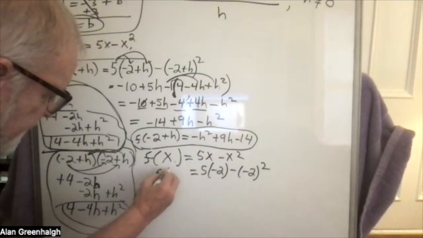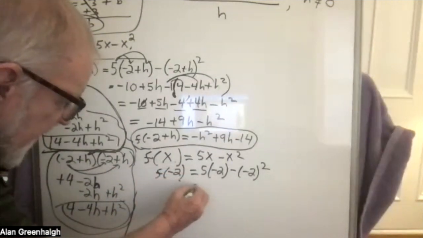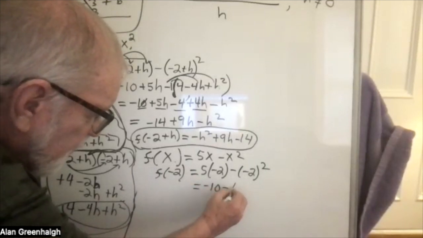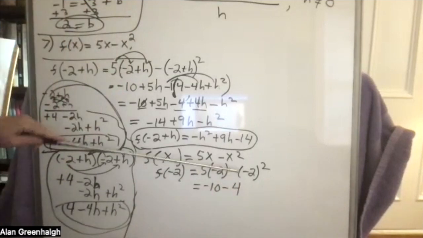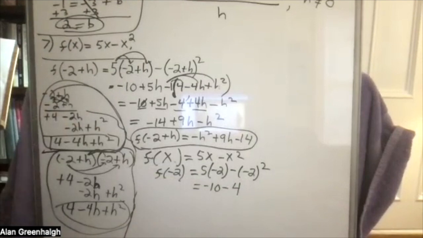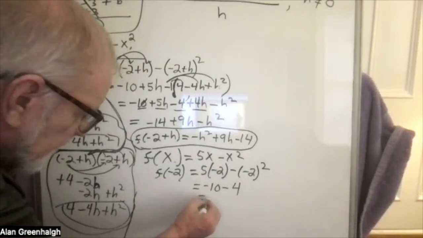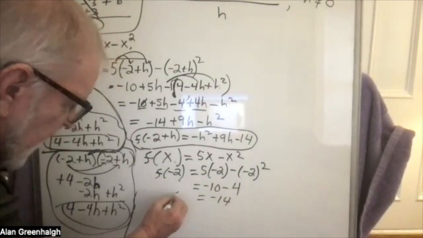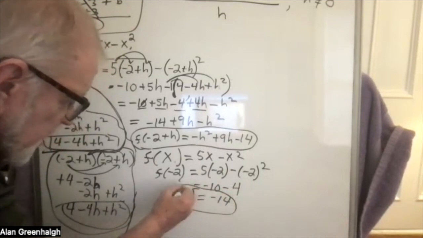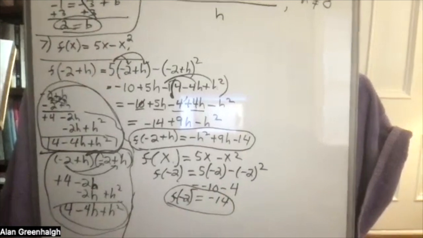So f of -2 equals -10 minus 4, since -2 times -2 is +4, and this is -14. So f of -2 turned out to equal -14.